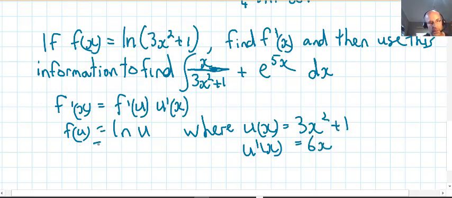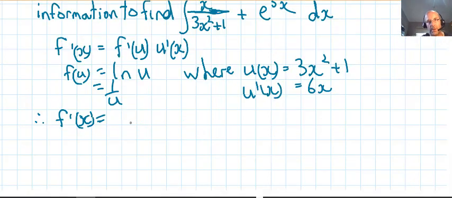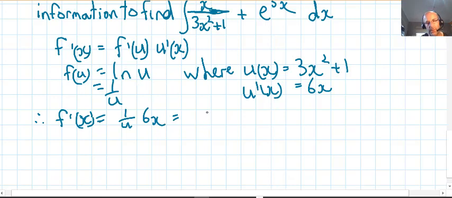While I'm over here, I'll write that as 1 on u. Applying the chain rule now, we have 1 on u times 6x. Substituting back in terms of x, unsubstituting, that would give us 6x over the top of 3x squared plus 1.